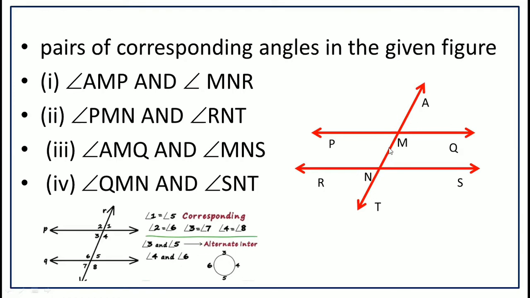That means you have to give the corresponding angle name. Then the second pair is angle PMN and angle RNT. Then AMQ and MNS. Then QMN and SNT. These are the 8 corresponding angles.